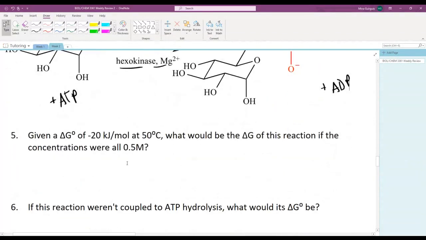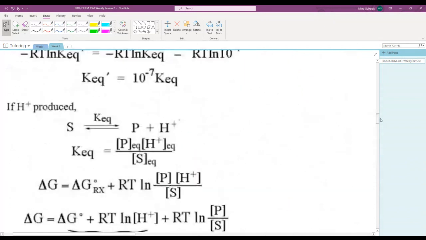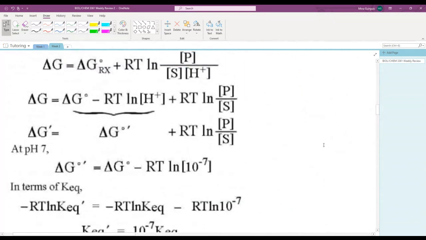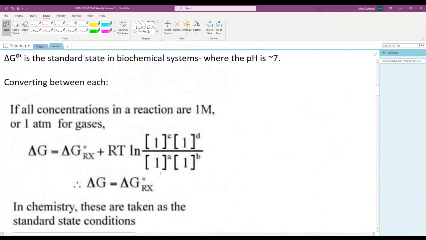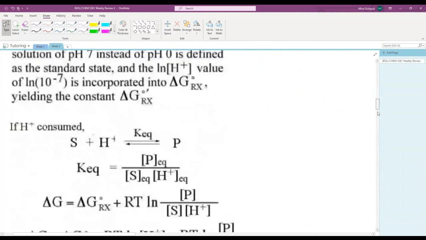Let's see some of the questions about this. Given this delta G naught value at this temperature, what would the delta G of this reaction be if all the concentrations were 0.5 molar? Okay. So, not a fun question, but we have the equation right up here for the conversion of delta G naught to delta G. Just to remind you guys, we're going to say delta G equals delta G naught plus RT natural log of Q. Okay.